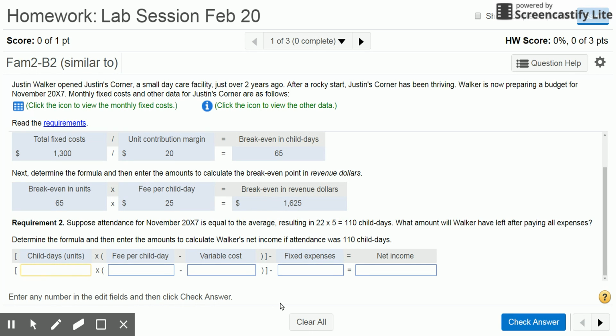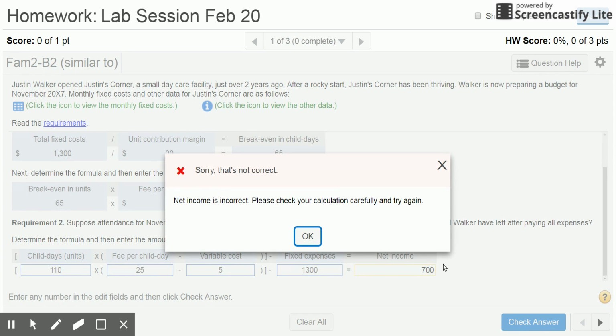That's right. So we are expecting 110 child days. Each of those we will charge $25. The variable cost is $5 minus 1300 as our fixed cost. So the net income will be $700. So net income is not right.